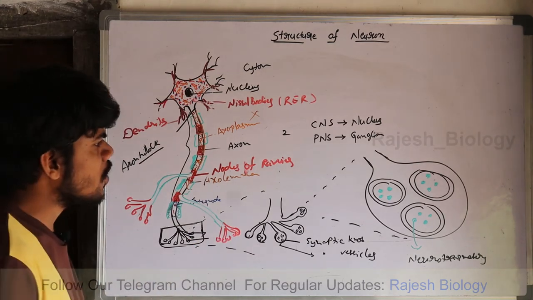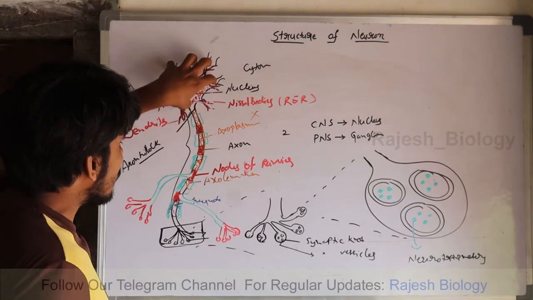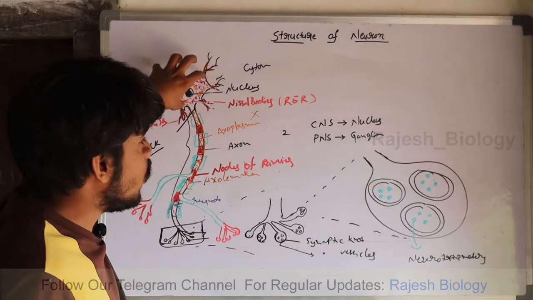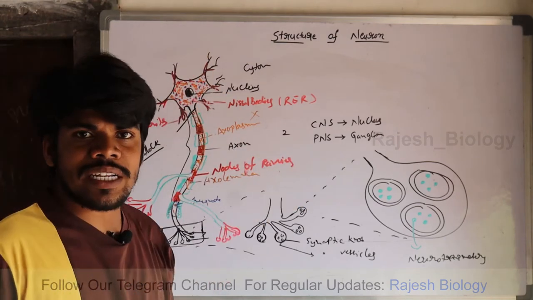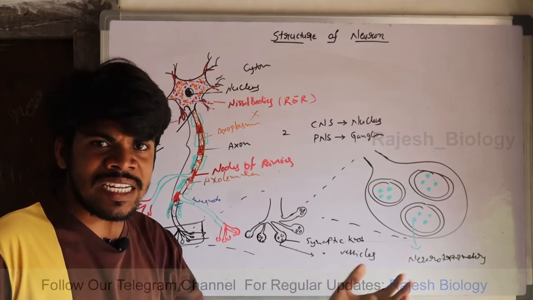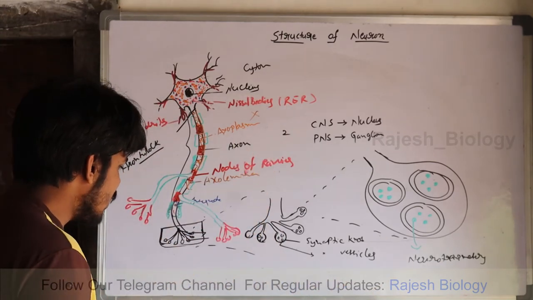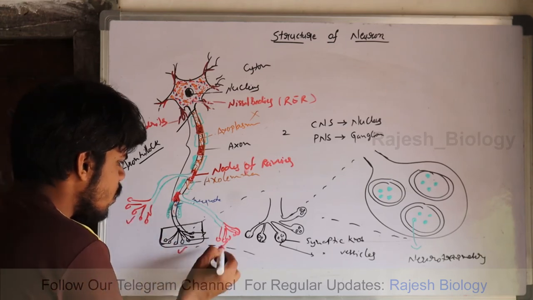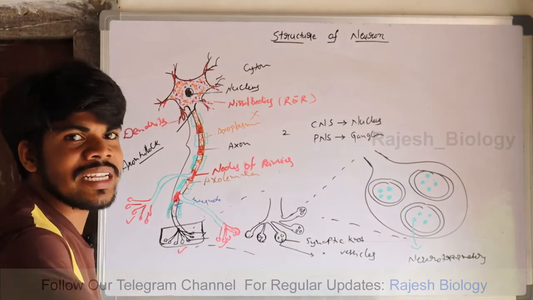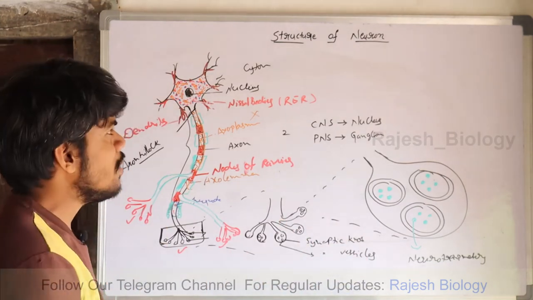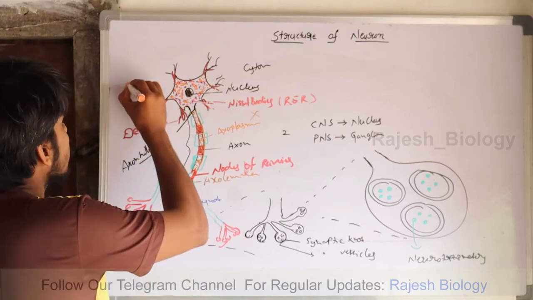Here, for the function of the axon and the dendrites: the dendrites present around the cyton are known as protodendrites. Protodendrites help in receiving impulses from the other neuron. And these dendrites are known as telodendrites, and telodendrites send the signals to the other neuron. That means these dendrites are efferent in function.